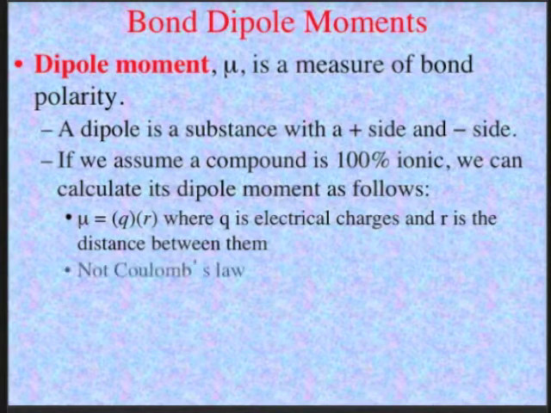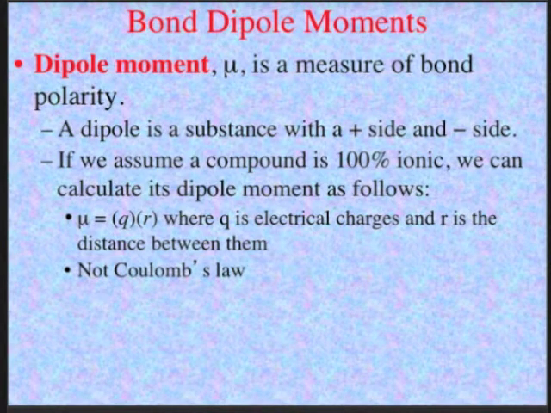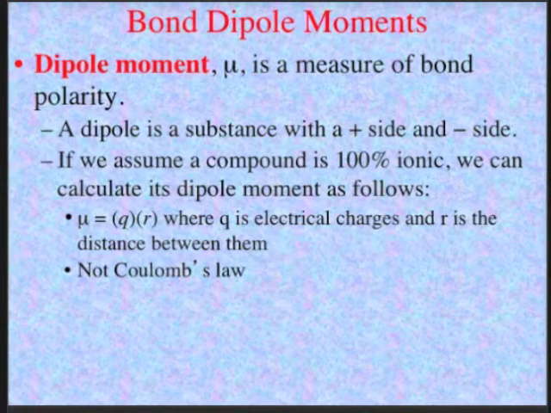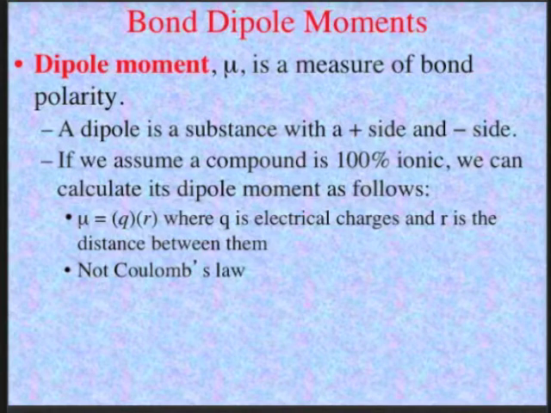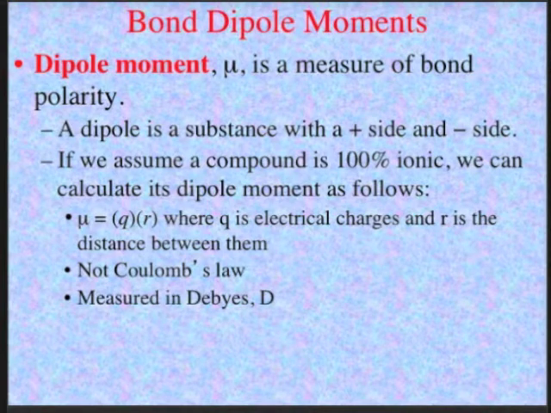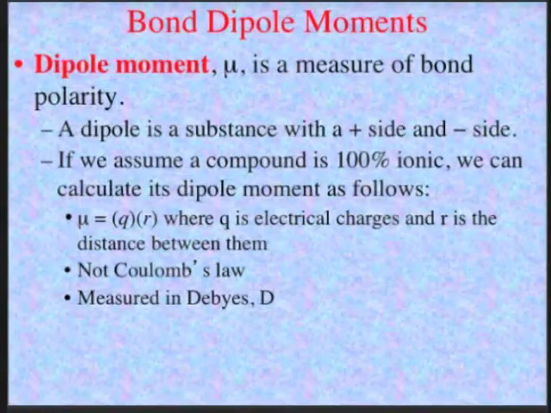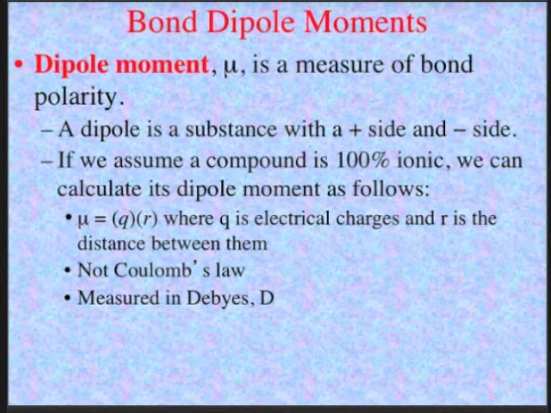these electrical charges. Now, this is not Coulomb's law. If you remember Coulomb's law, there was an inverse relationship between the charges and the distance. In the dipole moment calculation, there's a direct relationship between charges and distance. The units that we use to express dipole moment is the debye.